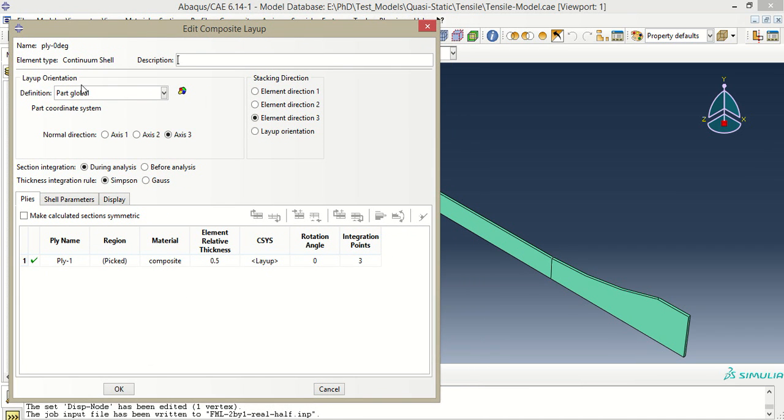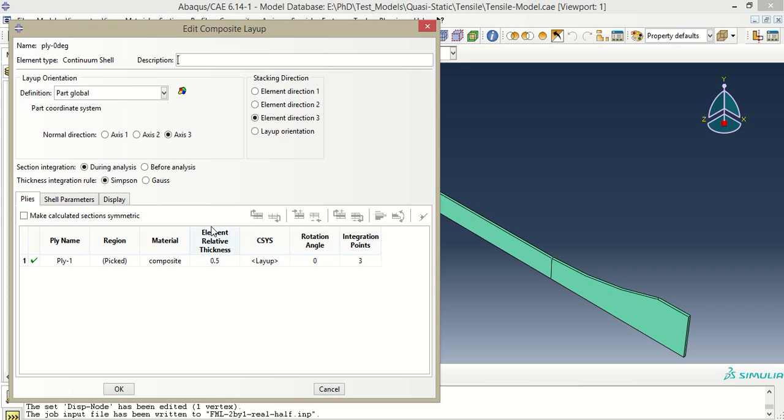This is the orientation. This is the global part default, the orientation in which the plies are stacked, and this is in element direction 3, that means in the z direction. This is generated by default. For the region, select the region which you consider your ply.